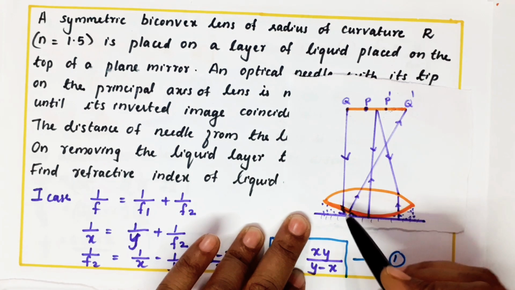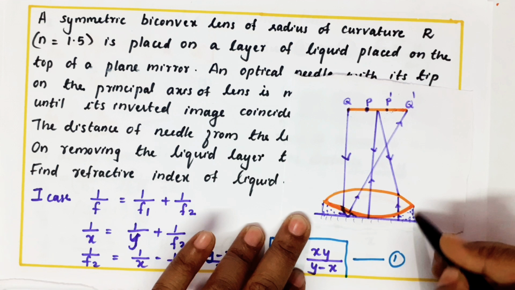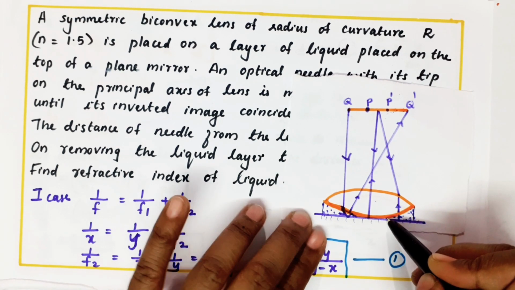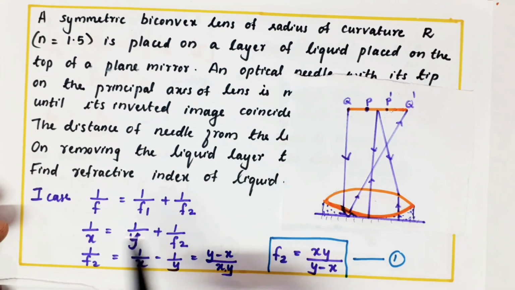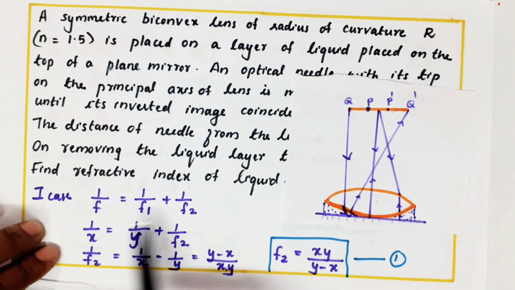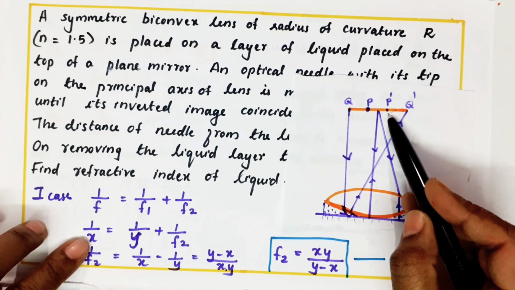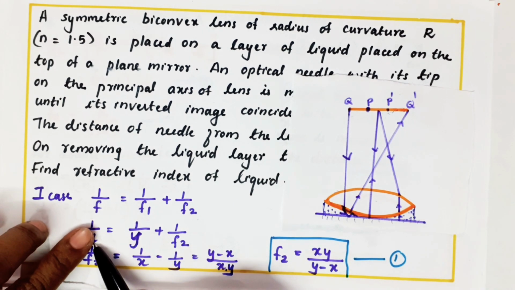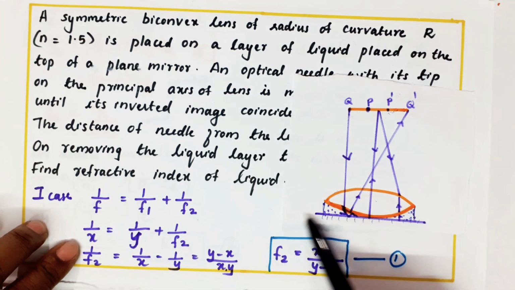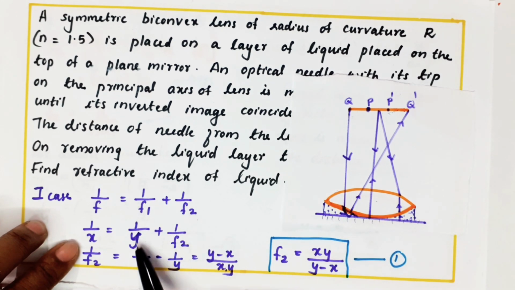If you see this diagram, this is a double convex lens and below is a plano concave lens. So actually it is a combination of a double convex lens and a plano concave lens. I write the equation 1 by f equals 1 by f1 plus 1 by f2. 1 by f, for both together, is 1 by x. f1, if you remove the liquid, is the focal length of the lens alone, that is 1 by y.